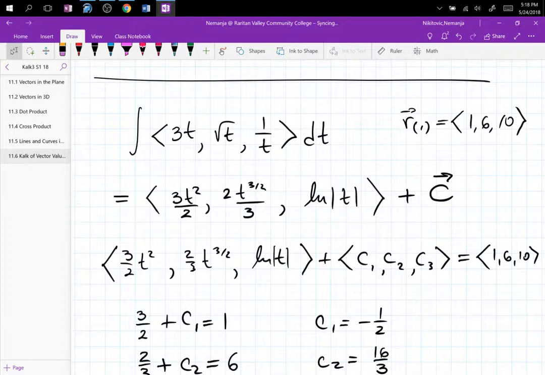You have all of the techniques from Calc 1 and Calc 2. Obviously put the basic integrals there, plus the vector C, because vector C needs to have the constant for the first component and the second and the third. So that's C1, C2, C3. And then you just set it equal to the initial value, and you are done.